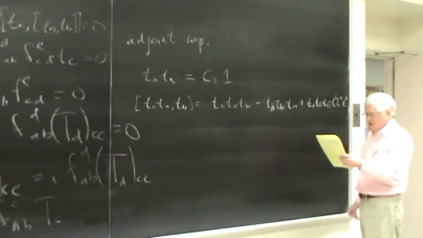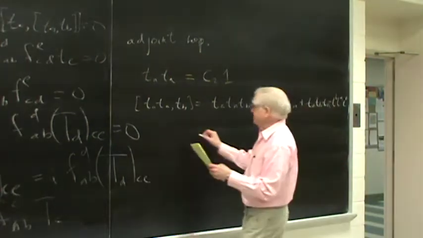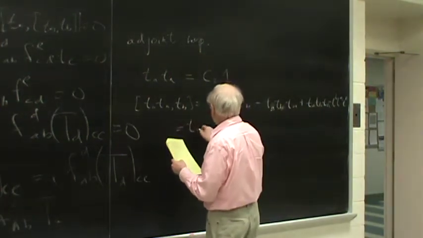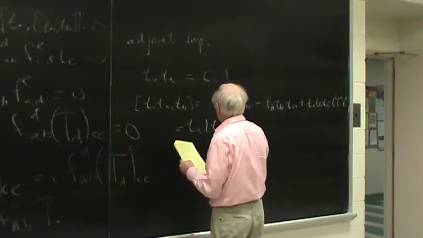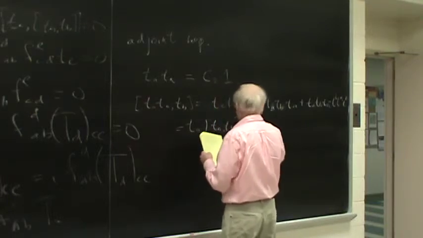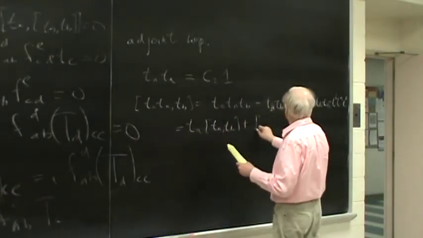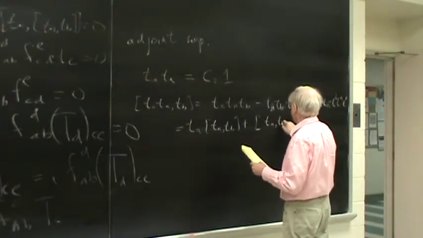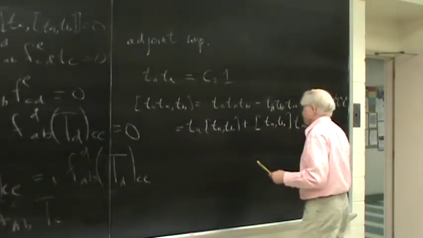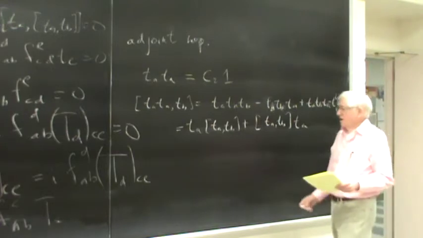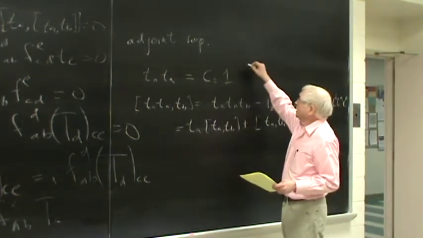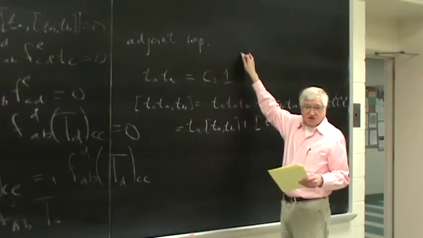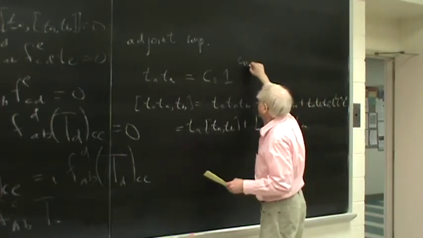Okay. So what is this? This then is TA times the commutator of TA with TB plus the commutator of TA with TB times TA. And now we're in unitary representations, okay? So we're compact groups now.